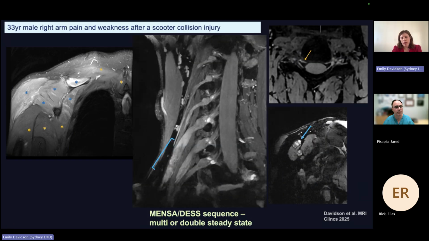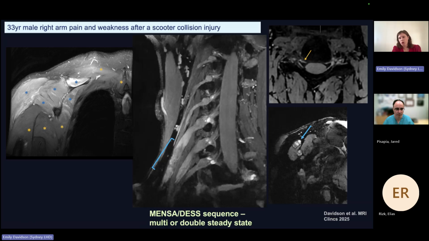The sequence that we've been doing more and more for proximal nerve root injuries is this 3D sequence. It's a heavily T2 weighted gradient sequence. Gradient is just another type of sequence that we have in our arsenal of imaging. What it does is it means that we can reconstruct it in 3 planes.